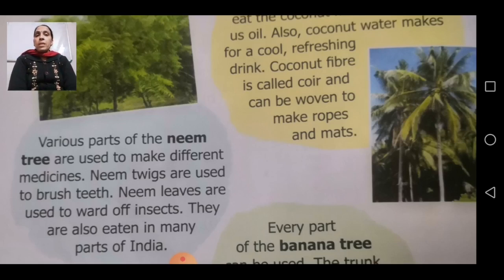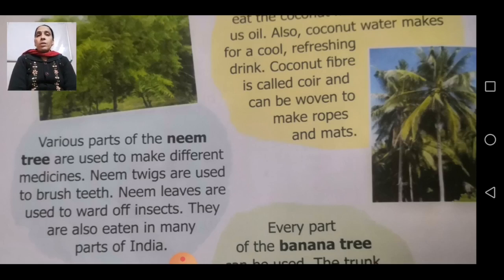From neem leaves we are making syrup also, and that safi syrup which you have heard of is formed by these neem leaves only, and it is very good for the purity of our blood.